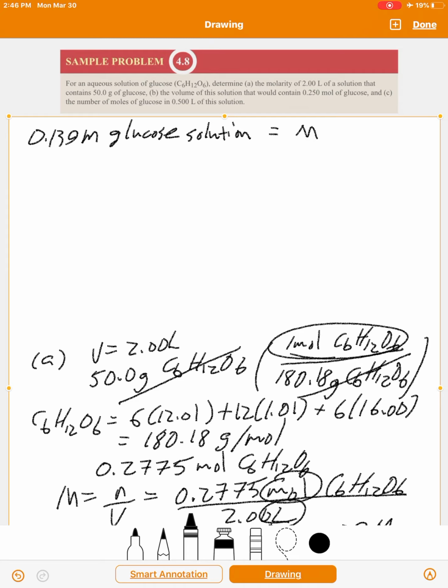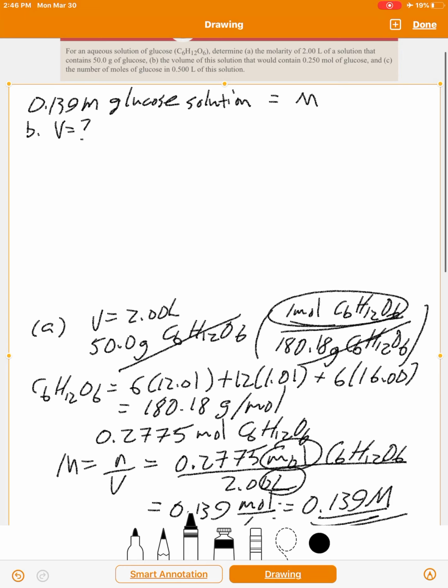And then it says, what is the volume if you have moles is 0.25? Notice how I'm using the symbols V, n, and M like I talked about earlier in part A. So capital M equals n over V. They're asking us for V. So what do we do algebraically? We multiply both sides by V.